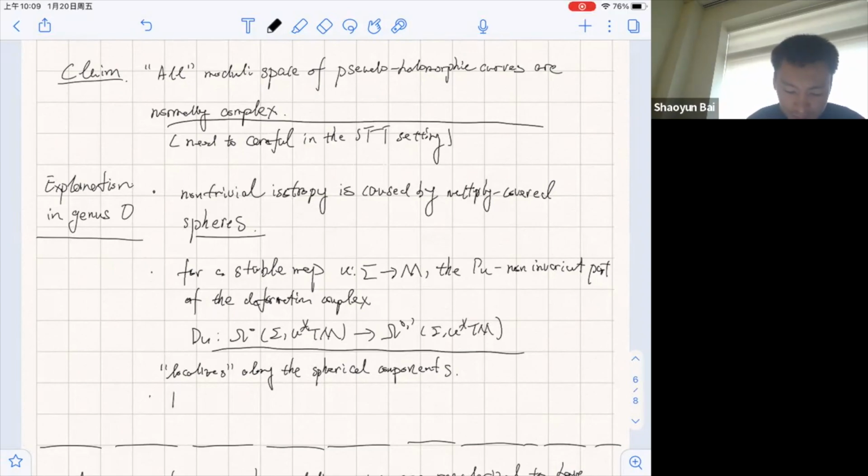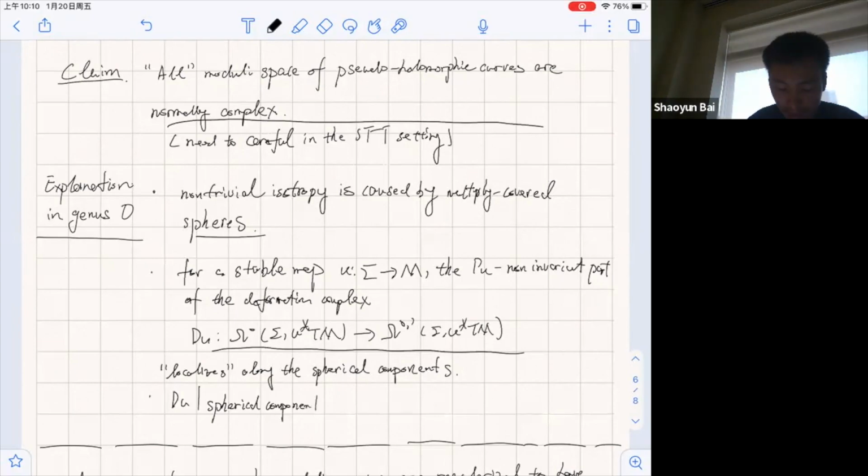And finally, if you consider the restriction of this linearized Cauchy-Riemann operator along the spherical components, it is homotopic to a complex linear Cauchy-Riemann operator.